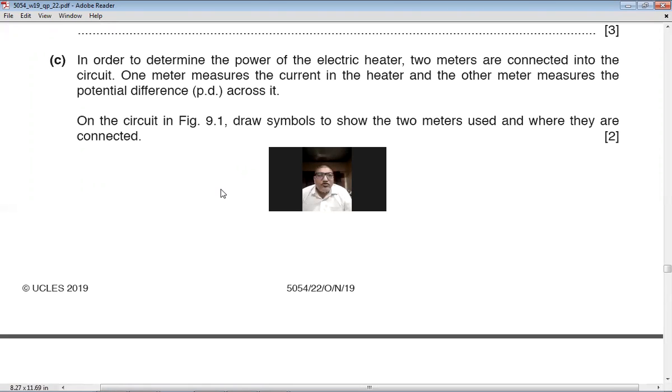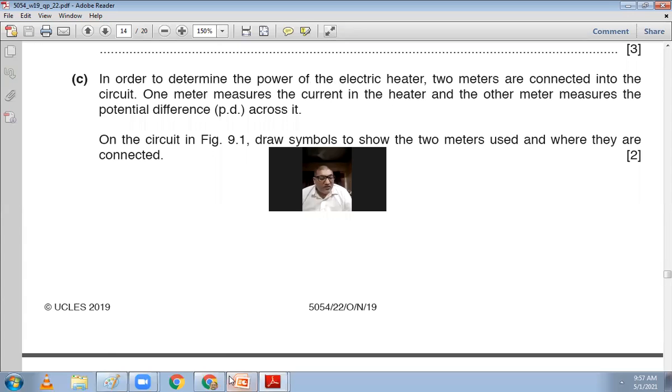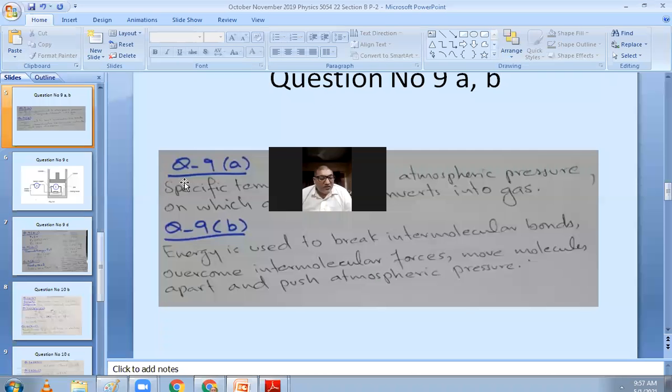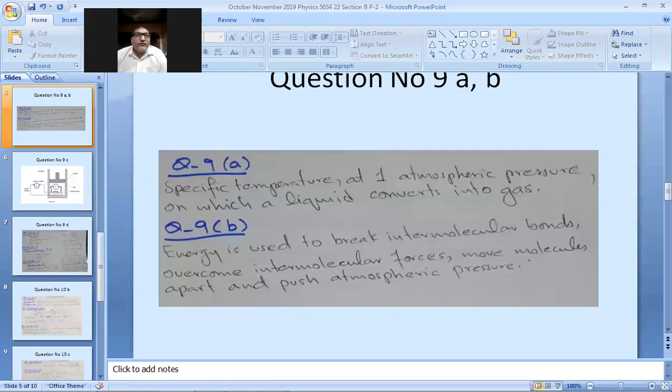Okay. Remember, the ammeter is always connected in series. Here you are working with the heater, so the ammeter will be connected in series with the heater, and the voltmeter should be connected in parallel to the heater. So let me show you my work. I have drawn the diagram.